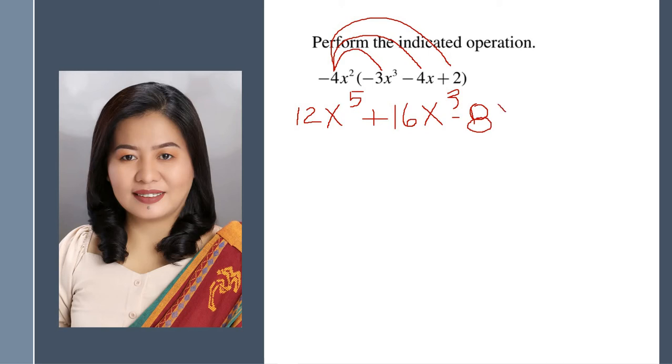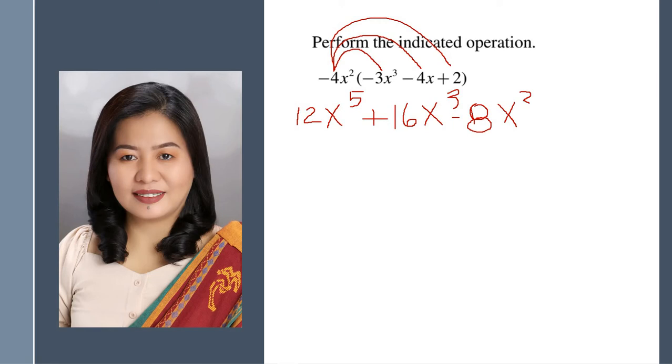And then x squared. We copy the literal coefficient of the one outside, because 2 doesn't have any literal coefficient. So our answer now is 12x to the fifth plus 16x cubed minus 8x squared.